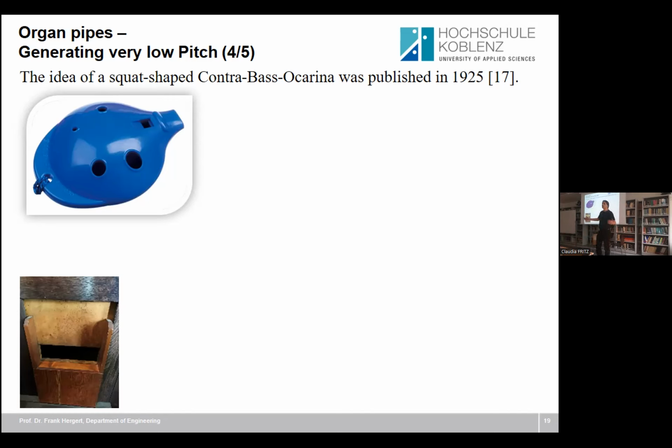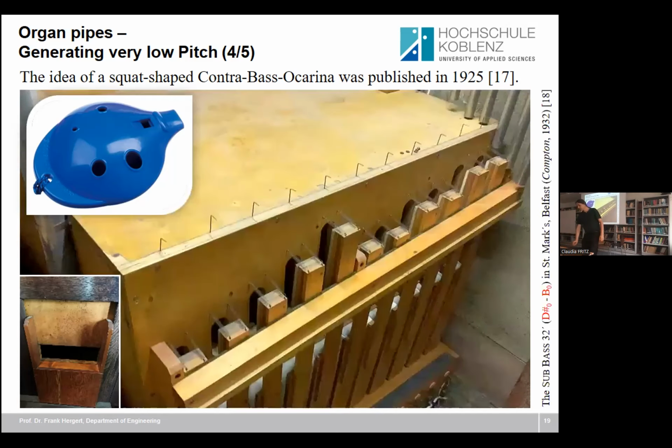It looks like a usual wooden pipe, nothing special. But inside, on the other side of the organ case, it looks like this. So it's a large wooden box, and there are tone holes, and there are mechanical fingers. And when you close all these holes, it is a very low pitch. When you open, it's high pitch, like on this small ocarina.